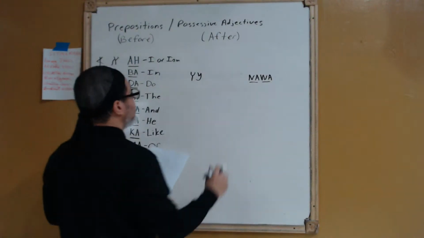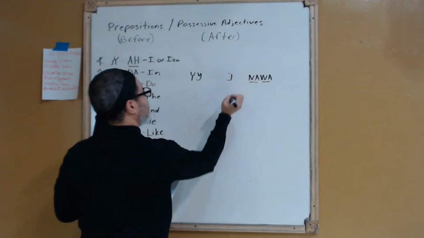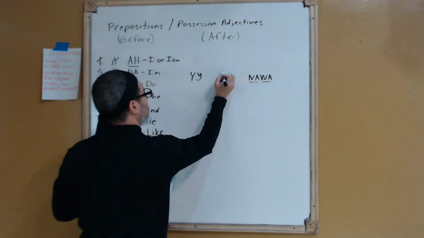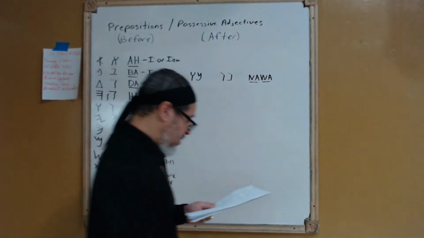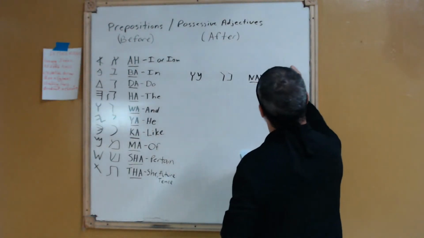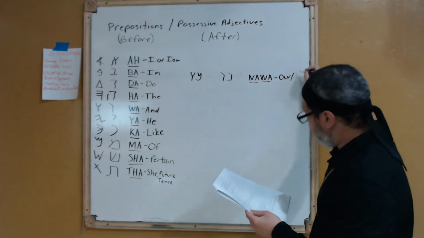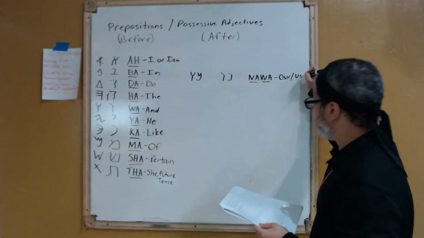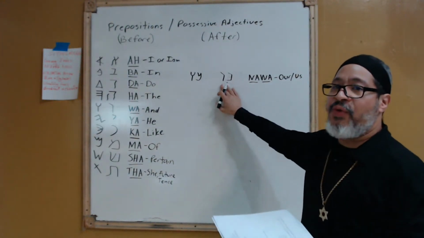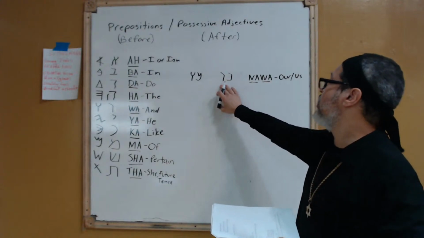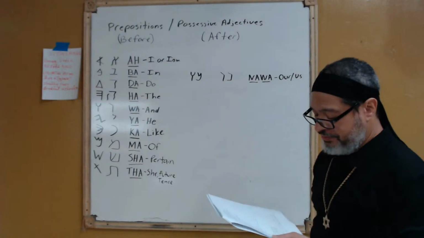And in the modern, the na, and then the wa. Nawa. And nawa is actually our "our" or "us". So if you see this, nawa, at the end of a word, it can mean "our" or "us".